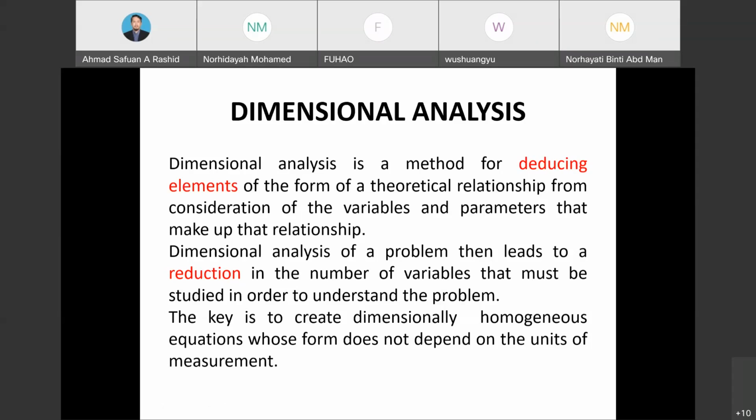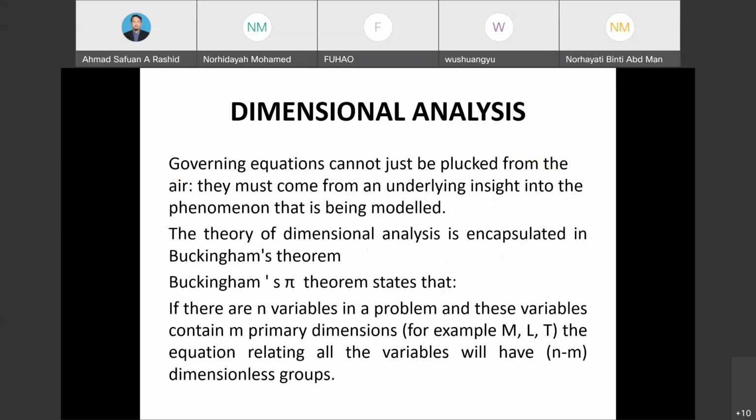You may understand later on when I show some examples. Governing equations cannot just be plucked from the air. They must come from an underlying insight into the phenomenon that is being modeled. This means that in order to use dimensional analysis, we need to fully understand the problem, which relies on the theory.